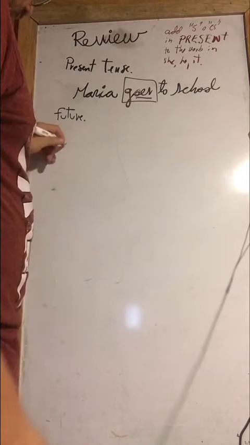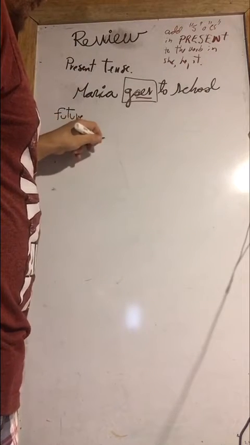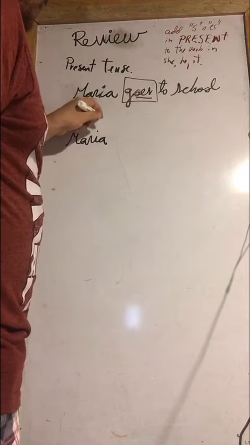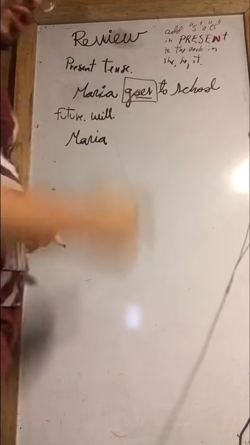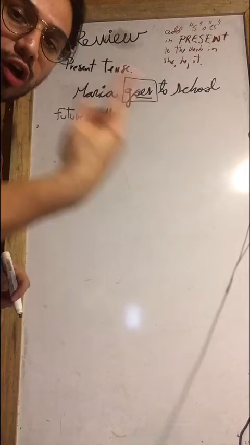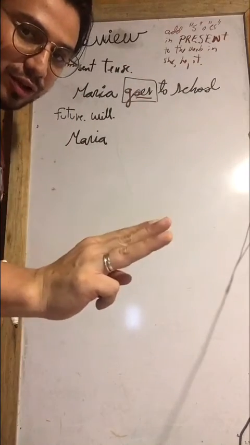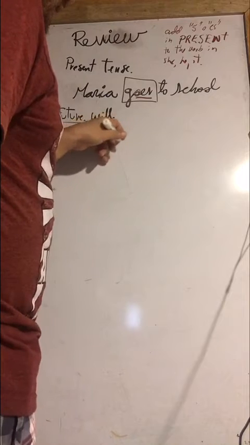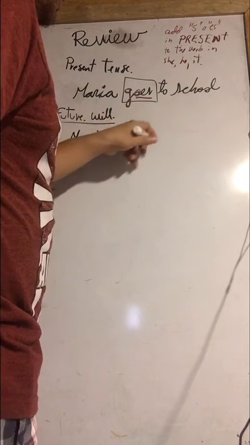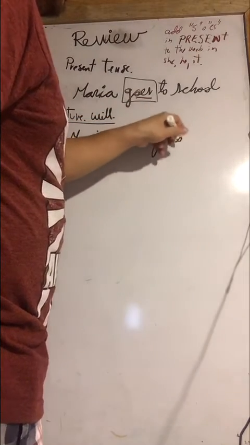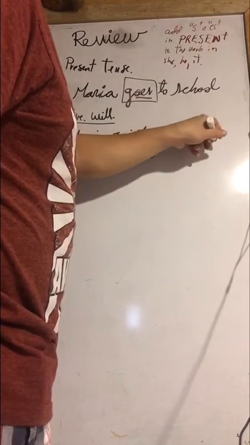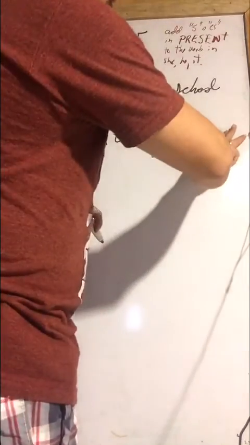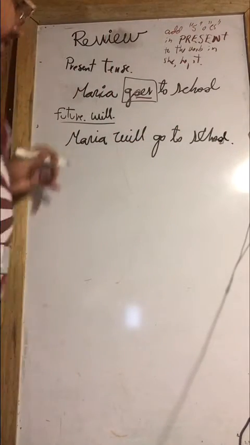So I write Maria, and you can use will. So it's easier for you because our going is going to be present continuous. So let's use will with the future. Maria will go to school. See? Super simple.